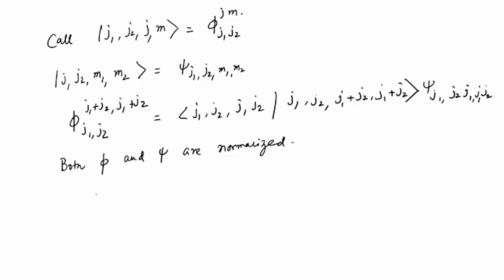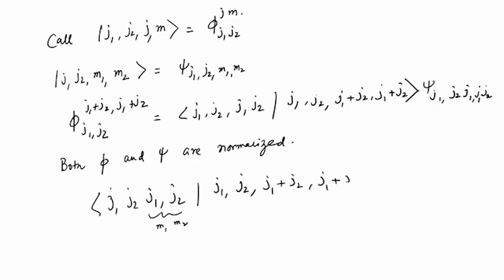For this particular maximal state, the values are m1, m2 equal to j1, j2, and the coefficient j1, j2, j1 plus j2 and j1 plus j2 is equal to 1. This is the normalization condition.